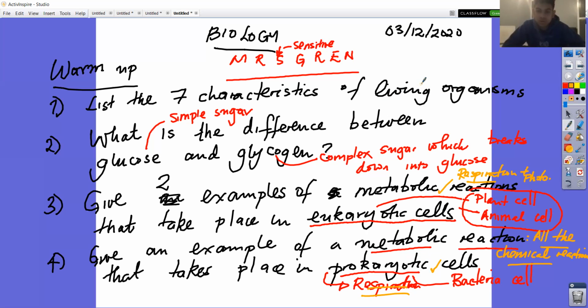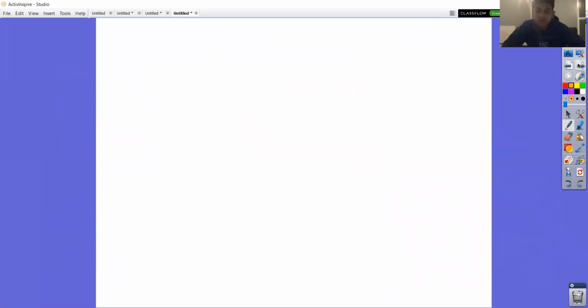Okay, so last time in biology, we were looking at anaerobic respiration. Can you tell me what you remember about our discussion? Is it little or no oxygen in the reaction?